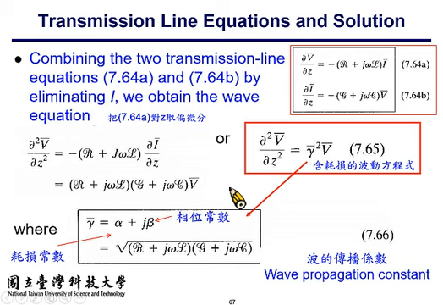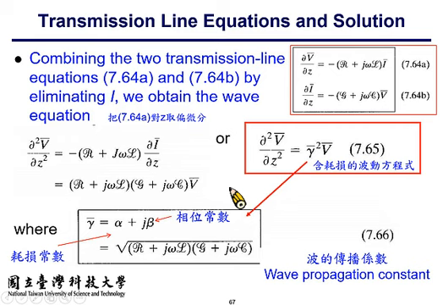Then it has no attenuation term, which means it's a lossless transmission line. So if alpha equals 0, then the wave equation becomes the second-order derivative of V equals minus beta squared V. And this is referred to as the wave equation of a lossless transmission line.